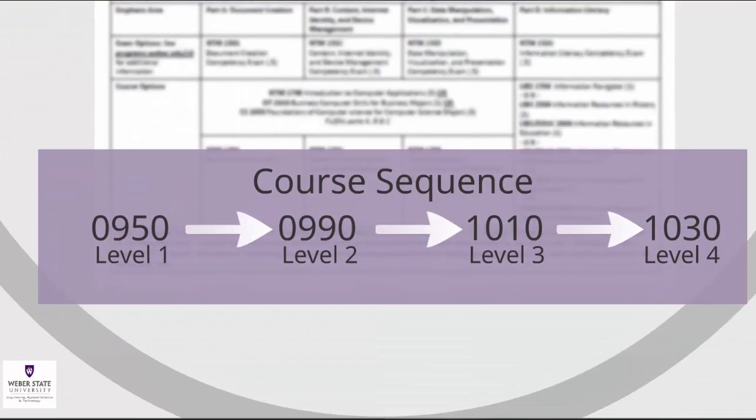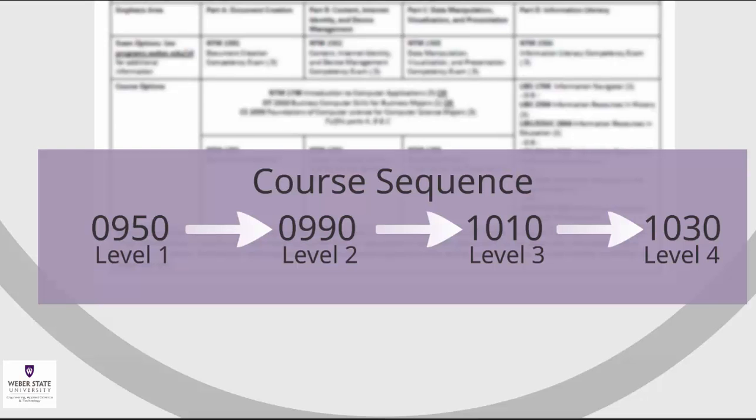The interior design math sequence is Math 950, Math 990, Math 1010, Math 1030. Please note that Math 950, 990, and 1010 are considered developmental courses. The credits and grades earned in Math 950 and 990 do not count toward your overall credits for graduation or toward your GPA.